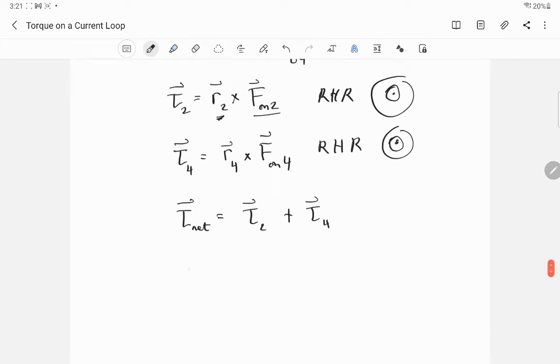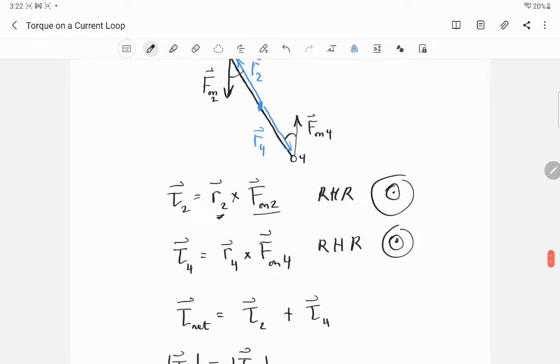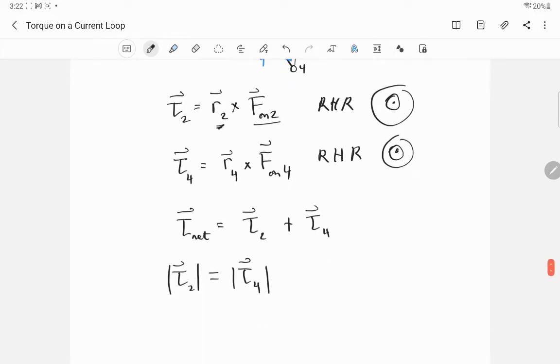So what about the magnitudes of each of the torques? The magnitude of torque 2 is actually the same as the magnitude of torque 4. This is easy to see because the distances are the same, the forces are the same, the angles are the same. So the magnitudes are going to be the same, right? You can imagine how the torque is going to add up like that.